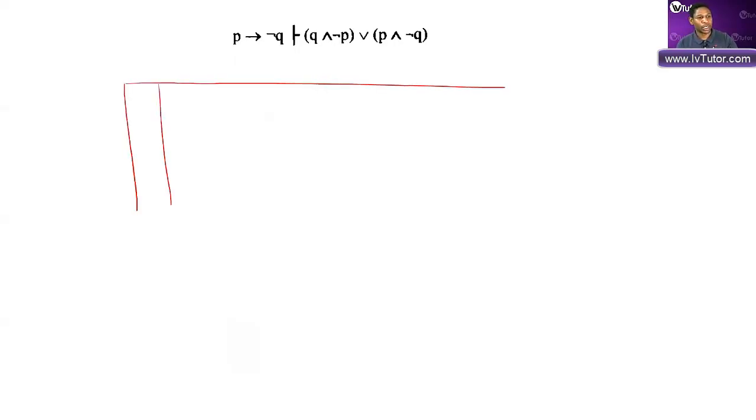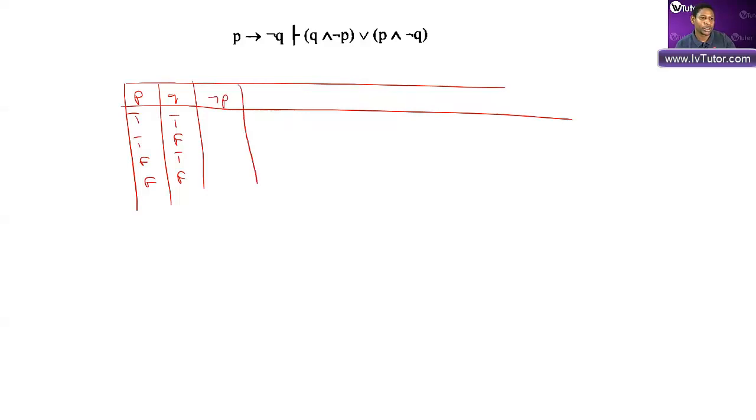We have 1, 2, P Q: true, true, false, false, true, false, true, false. Then we've got not P, which will be false, false, true, true, and not Q, which will be false, true, false, true.